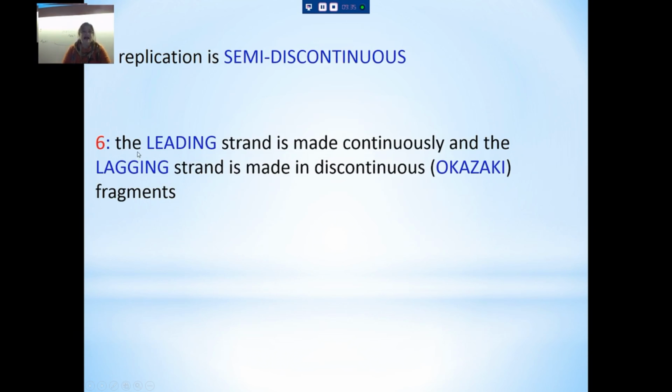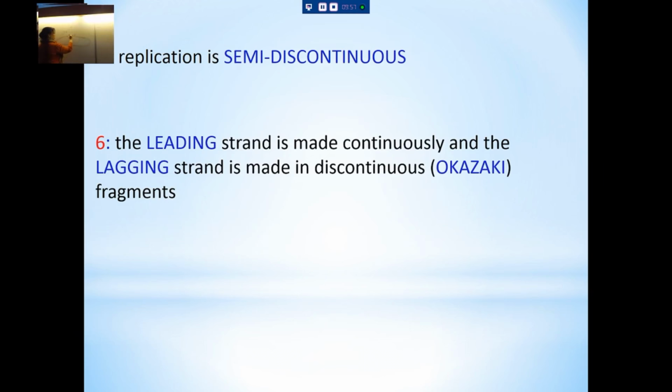And this lagging strand, because the DNA is two strands, and the way I've drawn this molecule, it's maybe not quite as clear as it should be. So let's make sure here in your minds the DNA is truly double-stranded.